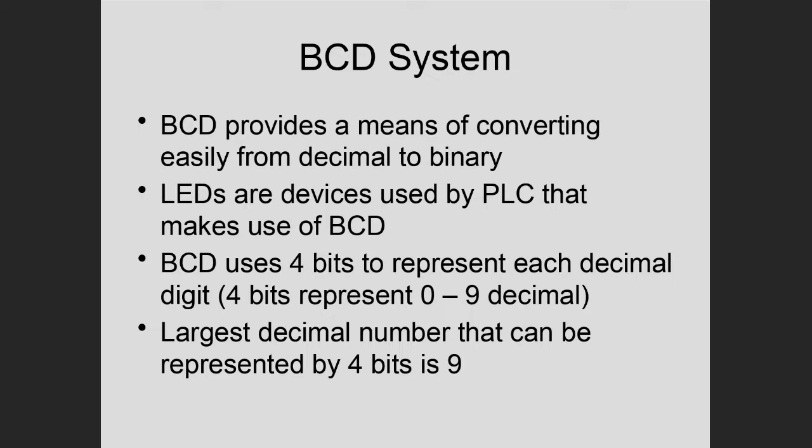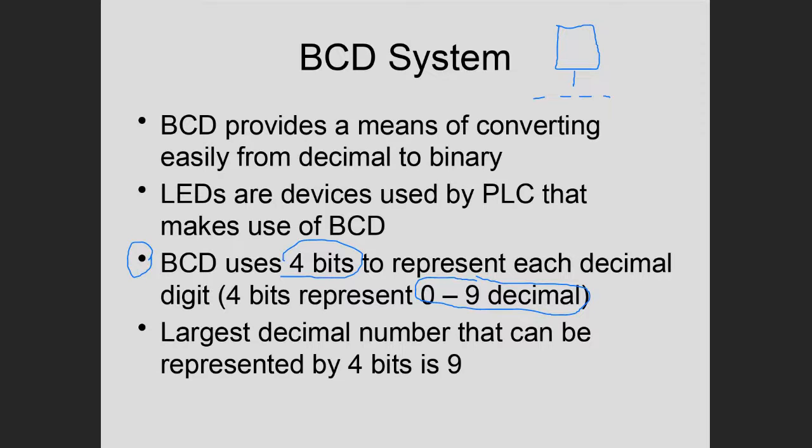And so the big thing here for BCD is this bullet point right here. To understand that in BCD, you use 4 bits to represent each of the decimal digits 0 through 9. Now remember, you'll have a 7-segment display, and it can display 0 through 9. So that's 4 bits that can display 0 through 9.